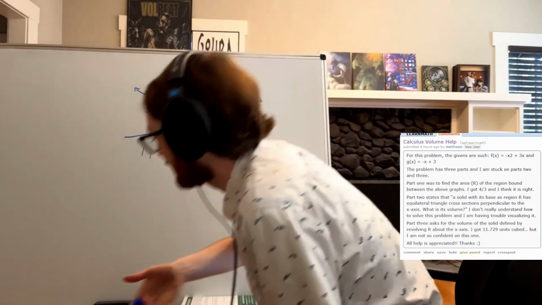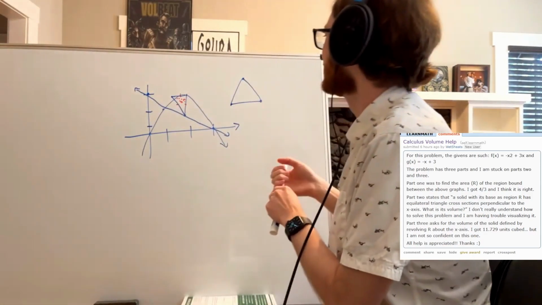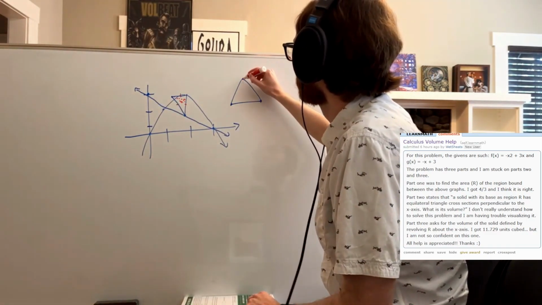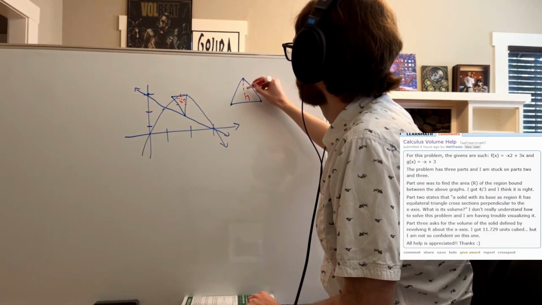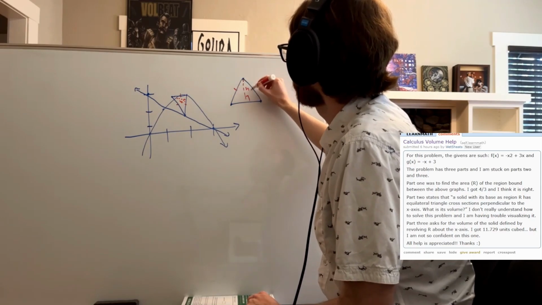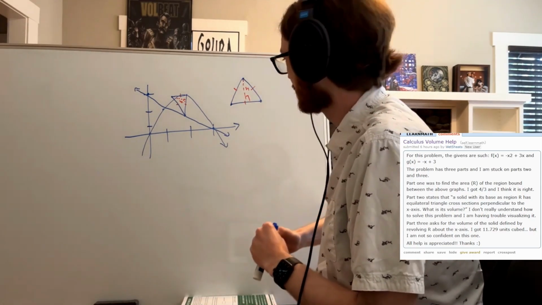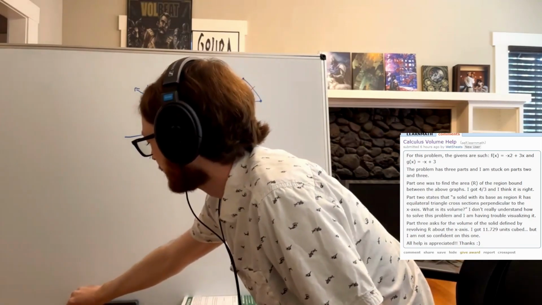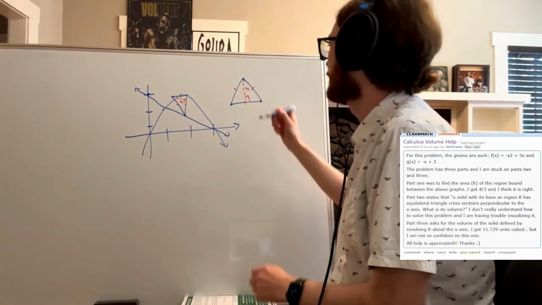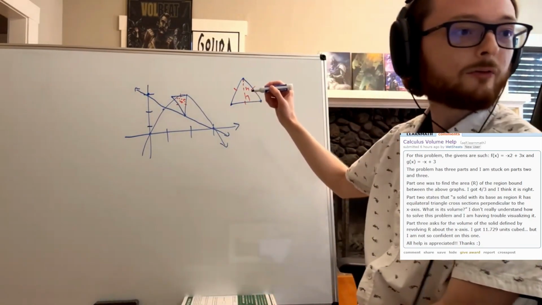Let's actually match the colors. h, tick mark, tick mark, tick mark. This side length is equal to, I'll use f of x.